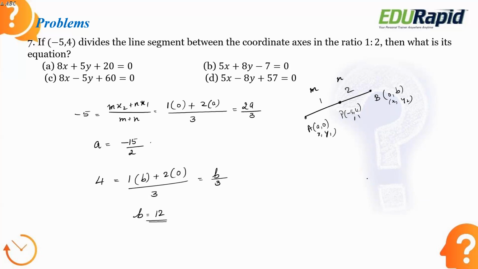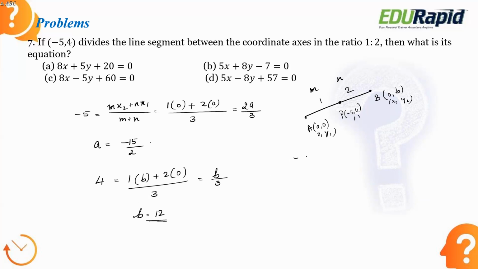For this equation, actually, you need to apply your two-point form, that is y minus y1, y2 form. So directly, this actually in detail we will be going through in straight lines again.